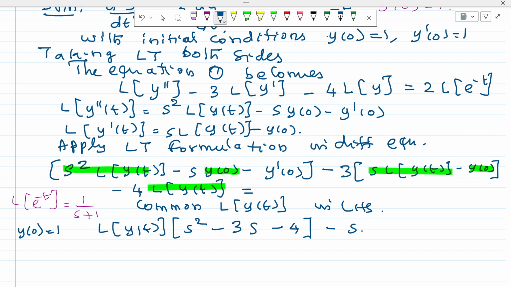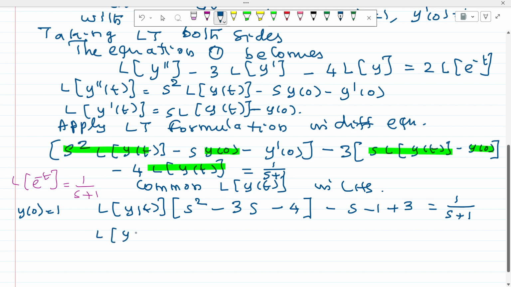It is 1, so minus 1. Minus s minus 1. And then minus into minus 3 gives plus 3 into y of 0 value, which is 1, so plus 3, equal to 1 by s plus 1, here also 2 by s plus 1.